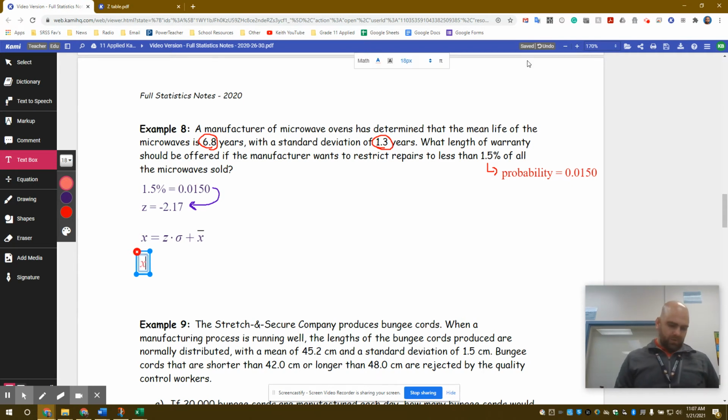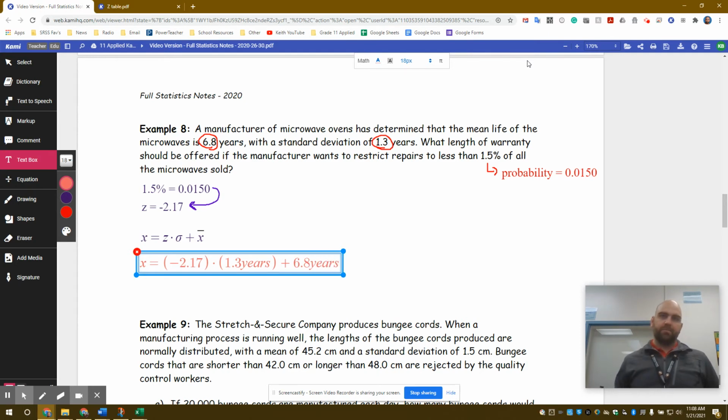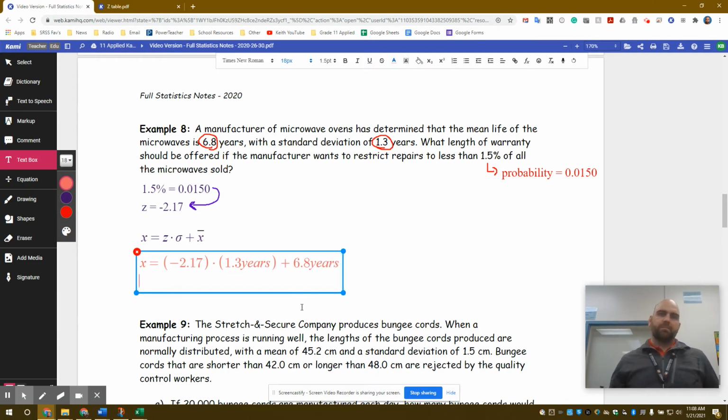So X is equal to a Z-score of negative 2.17 times a standard deviation of 1.3 years, and then we add 6.8 years onto there. So we have our Z-score times our standard deviation plus our mean.